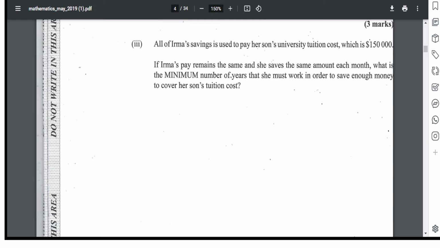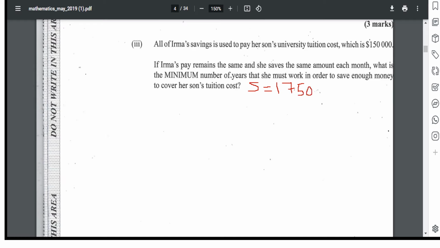So the key here is to look at the savings figure or the savings amount. So the savings amount for 1 year, let's put it here, is S for savings, is each fortnight she saves $1,750.